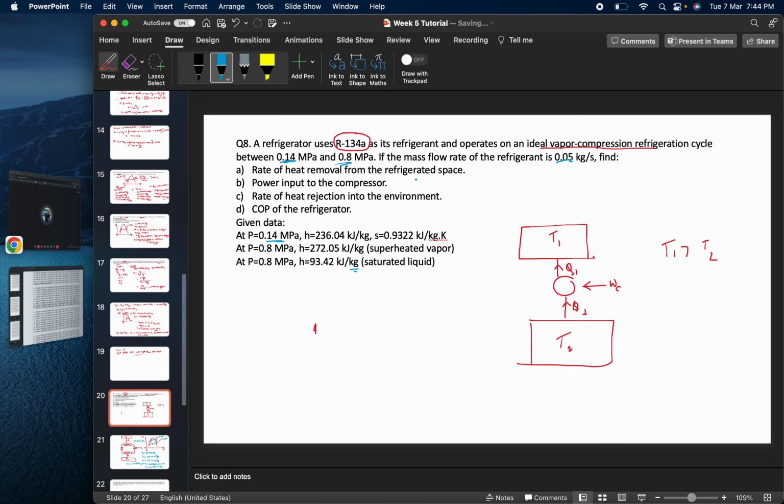Now, part A: the rate of heat removal from the refrigerated space.